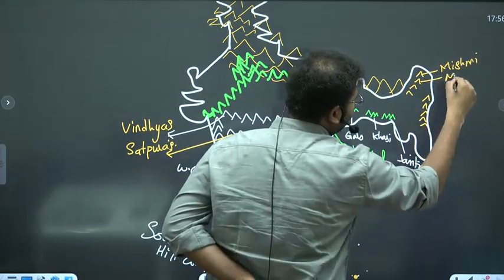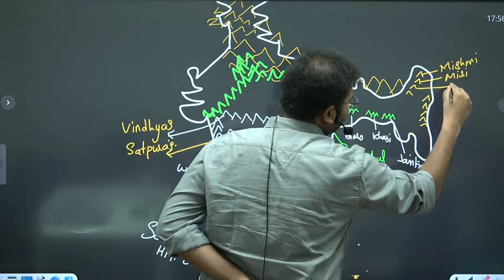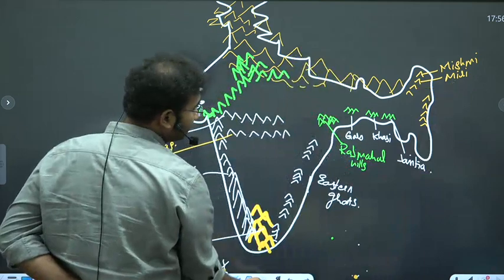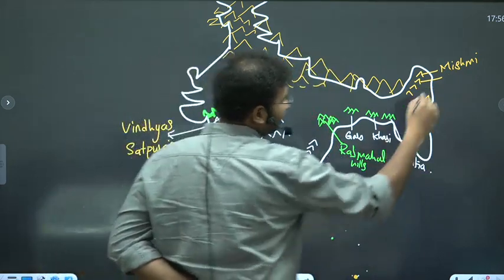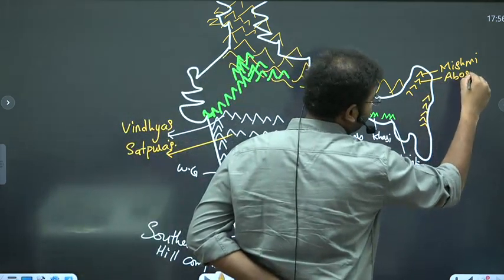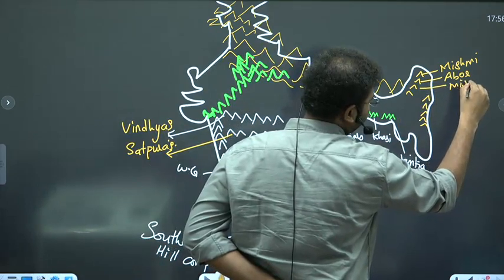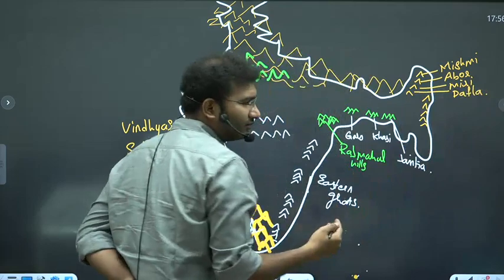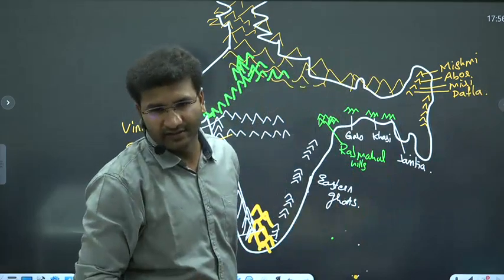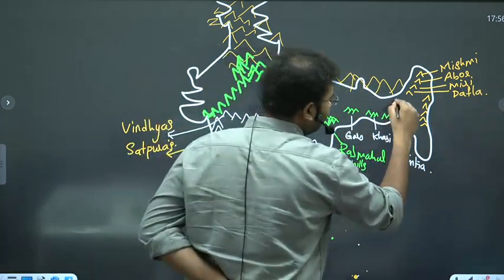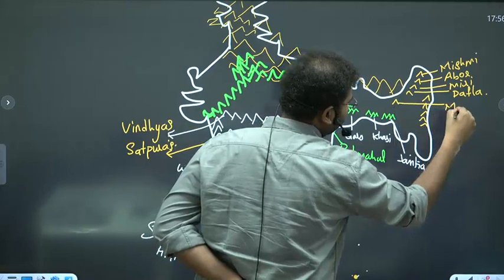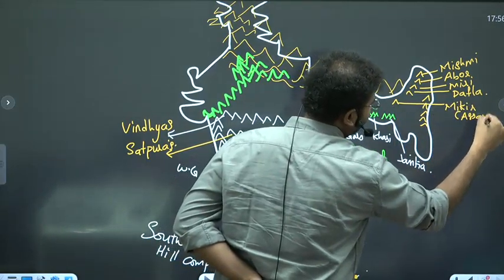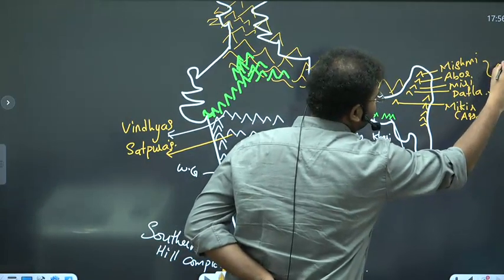Then you have Miri. This is Abor, Miri, and Dafla. South of this, when you come to Assam, there is one mountain range by the name Mikir. And these 4 are in Arunachal Pradesh.